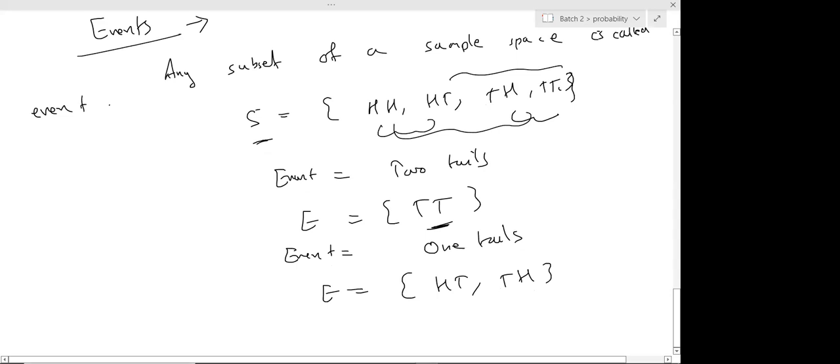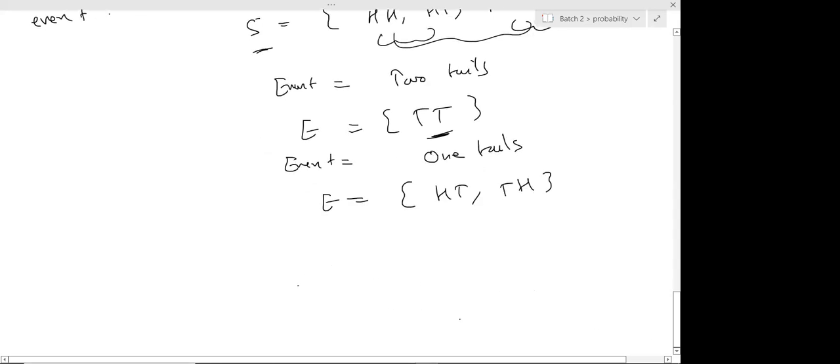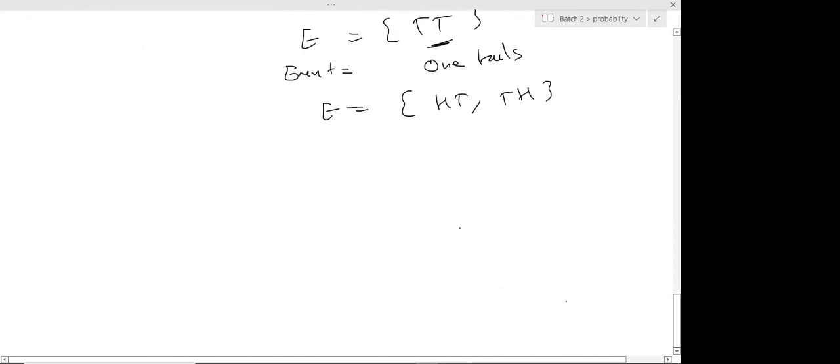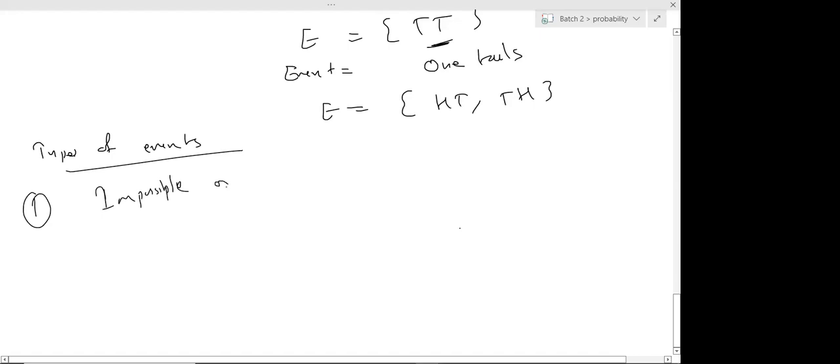All right. Types of events. What are the different types of events in probability? First type is impossible and sure event.